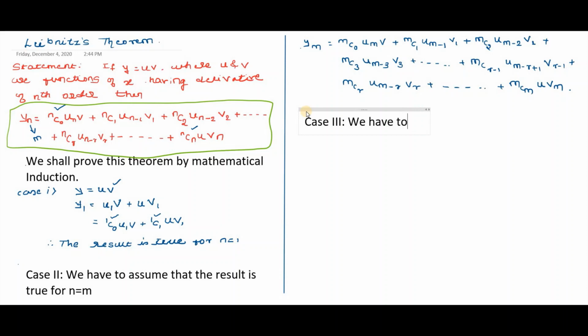We have to show that the result is true for n is equal to m plus 1, and for this we have to differentiate the case 2 with respect to x on both the sides.